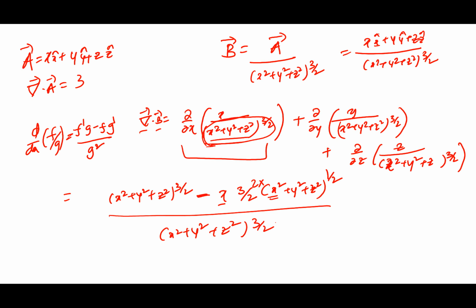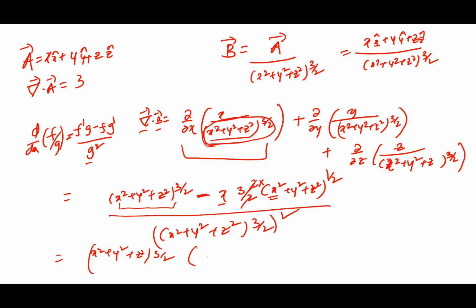So then I can write this as the 2's cancel out and I get 3x squared. So I can pull out x squared plus y squared. Oh, this is squared, so this whole thing should be squared because it is g squared. So now I'm going to pull out a factor of half here. Then I'm going to pull out x squared plus y squared plus z squared to the power 3 by 2 here.